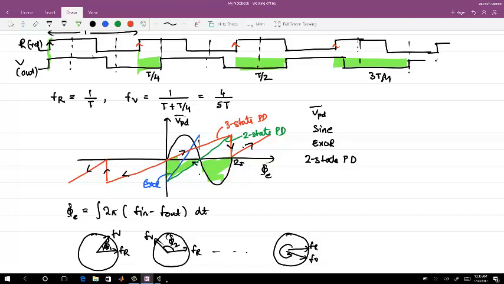So you correct for, let's say you got a T by 4 error, you correct for that. The next time it will not be T by 4, it might be, let's say, T by 8. So that will happen when you are closing the loop. But if I am looking for the characteristics of the phase frequency detector itself in an open loop, this is the way it will work, right?